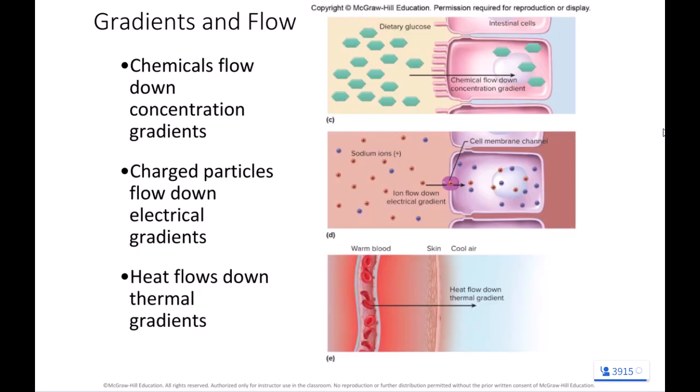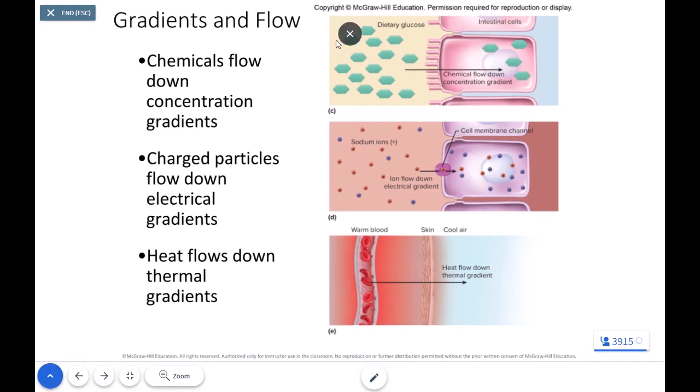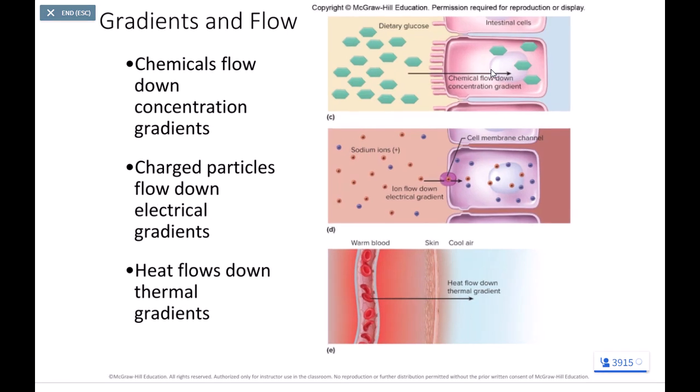So in our bodies, if we have a high concentration of glucose outside of the cell, glucose is right here being represented by, we'll say, the teal hexagons. There's lots of teal hexagons, or lots of glucose, outside of the cell. It'll move into the cell with its concentration gradient.